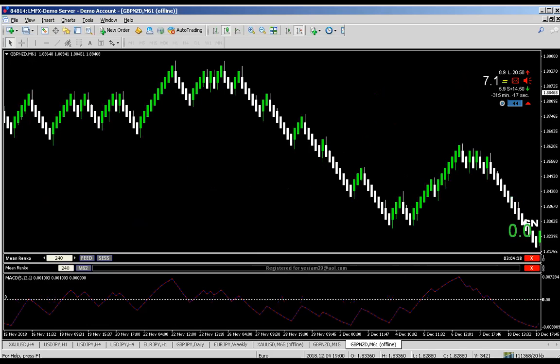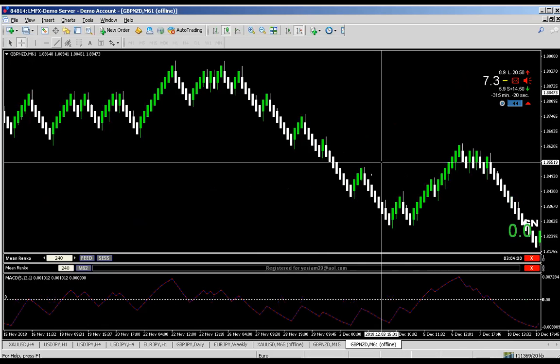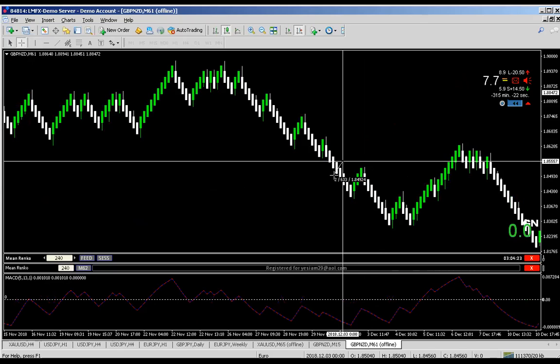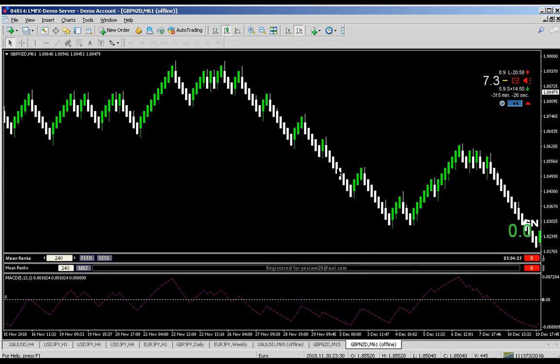So let me zoom in a little. Let's see, one brick should be about 48 bricks. If I can get it right. Yeah. So each brick is 48 ticks, so to speak. So price has to move 48 pips before one brick is formed.